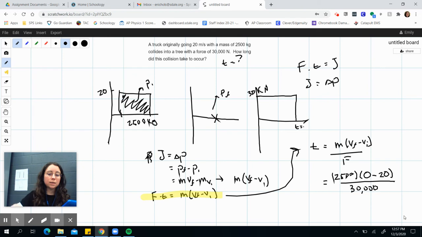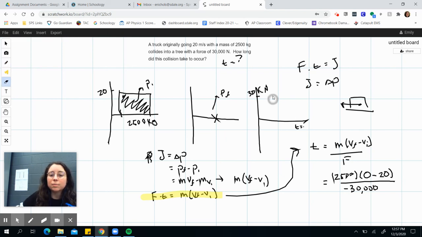And I get a time, and it's going to come up as negative. That's because we didn't account for the fact that when the car collides, the force it is experiencing is backwards. So I really need to make this a negative 30,000, and I need to go back and change my F chart here to make it so that my force is negative.